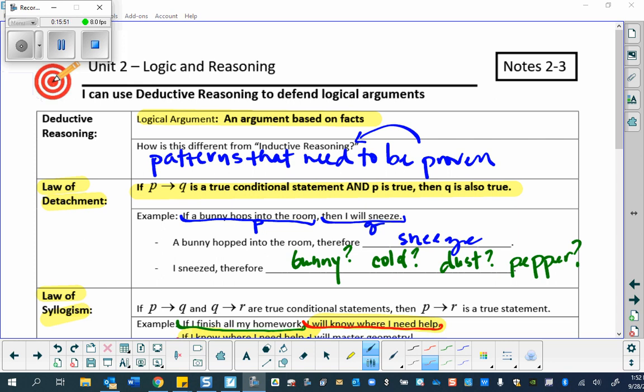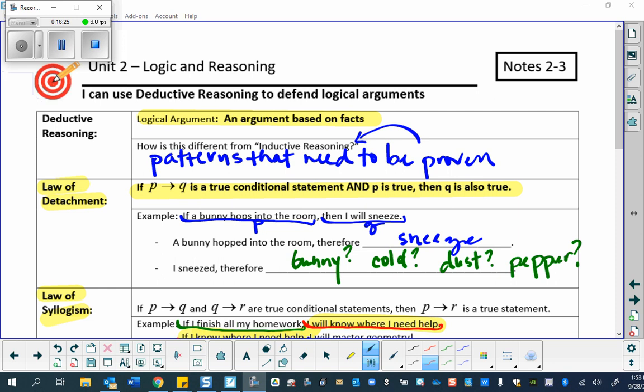Inductive reasoning is where you spend your time looking at a pattern, you observe that pattern, and then you make a conjecture. After you make that conjecture, you have to wait and see, is there a counterexample that's happening? So inductive reasoning is based upon patterns that need to be proven. And one counterexample takes everything down. One counterexample ruins everything.